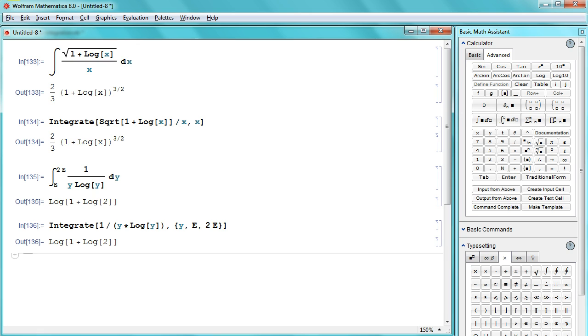If you forgot about internal mathematical commands for trig functions and inverse trig functions and so on, or exponentials, go to this basic math assistant advanced. They're all here. Sine, cosine, tangent, log, they're all here.